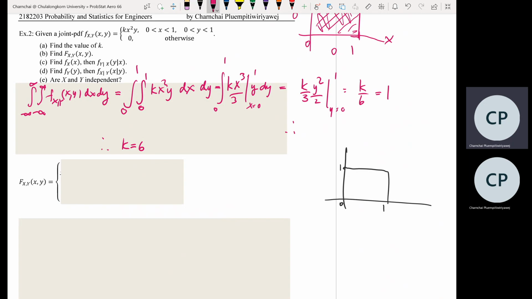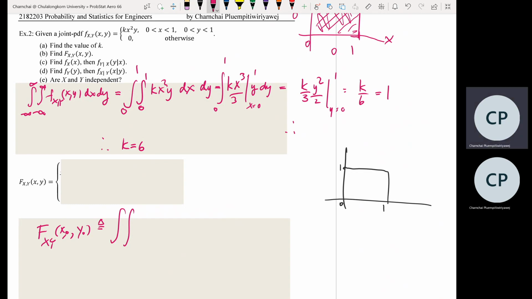Let's talk about the definition. F of x,y at x naught, y naught: F of x at x naught and y at y naught. By definition, what is it equal to? The integral of what function?